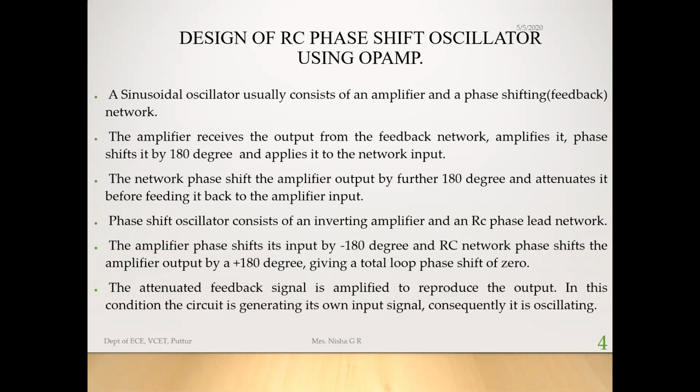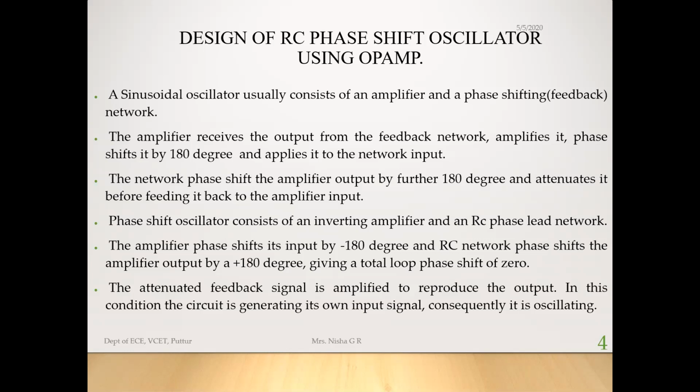So this oscillator consists of two main blocks, one block in the forward path and one more block in the feedback path. In the feed forward path, we will have an amplifier block. The amplifier is used to amplify the attenuated signal of the feedback network. In the feedback path, we will have the feedback network, in which the signal will be attenuated.